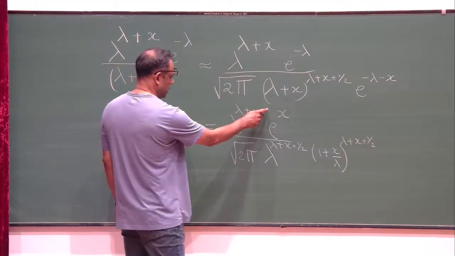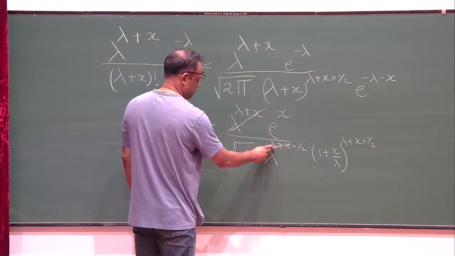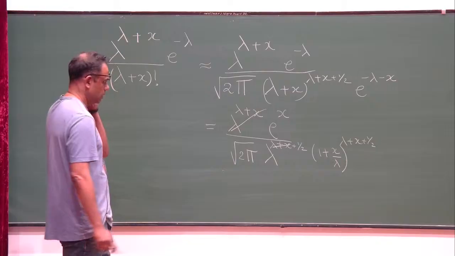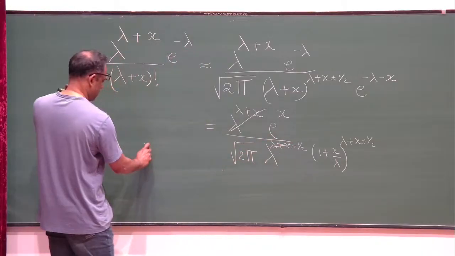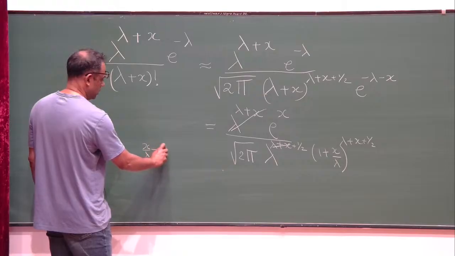So, these cancel out. Okay. And now we are going to use that x by lambda tends to 0.